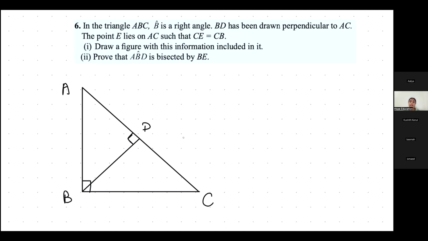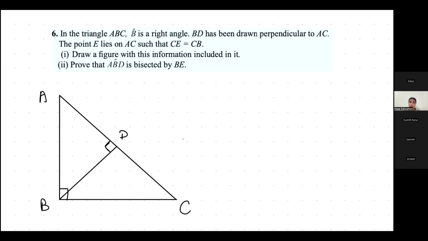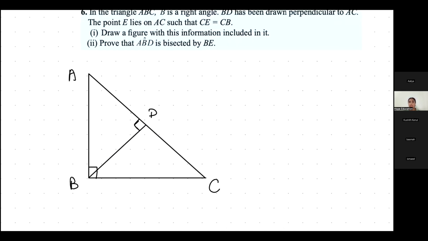Point E lies on AC. So E could be here or E could be here. We are not exactly sure where E is. When it says on AC, where exactly on AC is not clear to us.